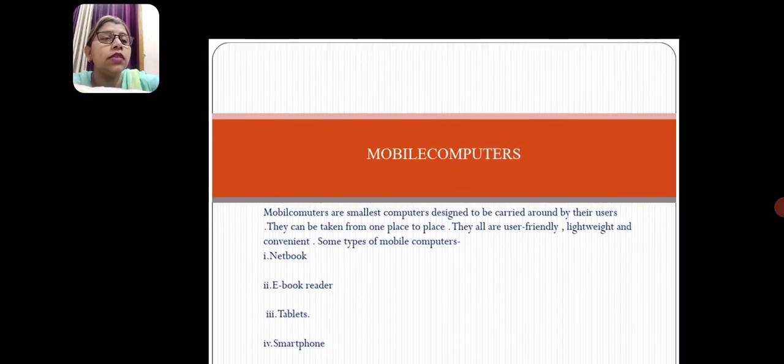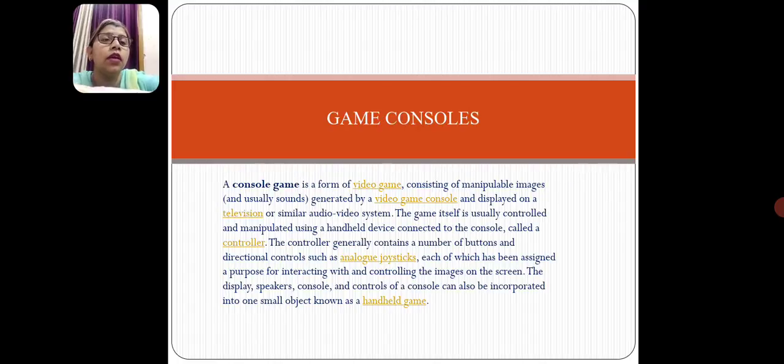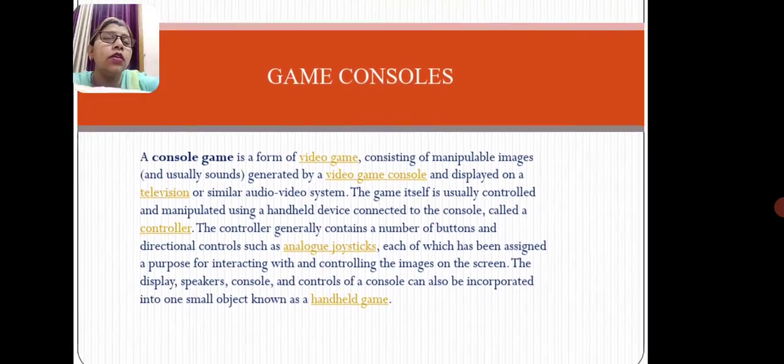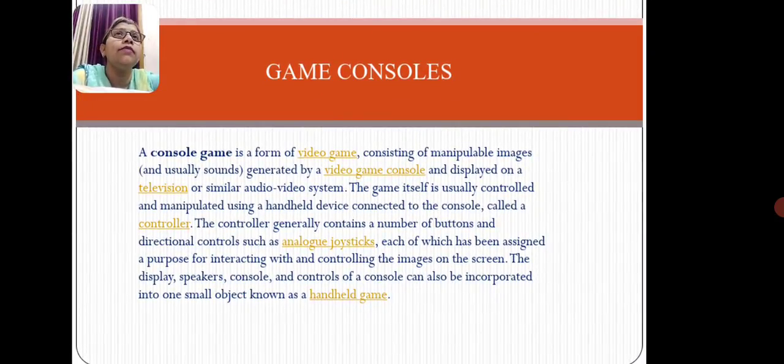Now next is game consoles. Children, you have seen how many types of computer there are and what their work is. Now we'll see game consoles. What is a game console? A console game is a form of video game consisting of many playable images and usually sounds generated by a video game console and displayed on a television or smaller audio video system.